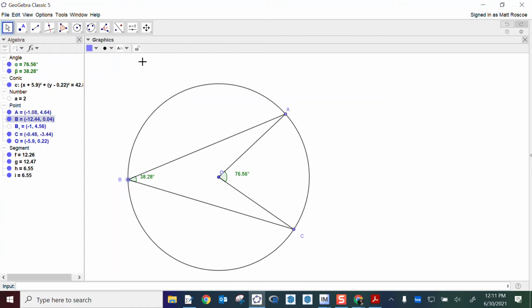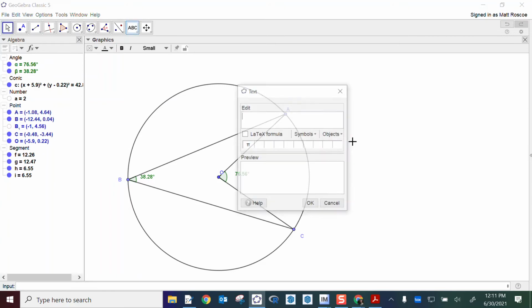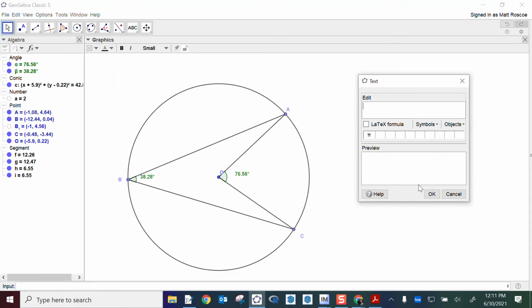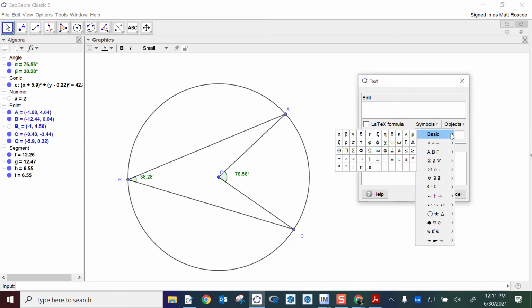There is kind of a neat way that you can do this dynamically here on the screen, and I'll show you that today. It's kind of fun to do. So in a text box, if I click on a text box up here, I can write, let's see, angle AOC. There are symbols here that you can use if you want. I don't know if the angle one's easy to find or not.